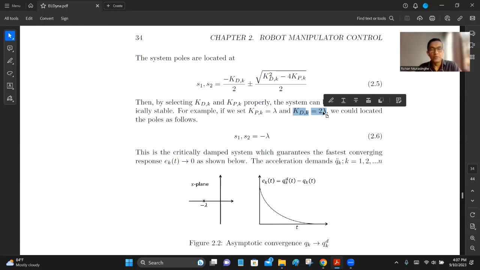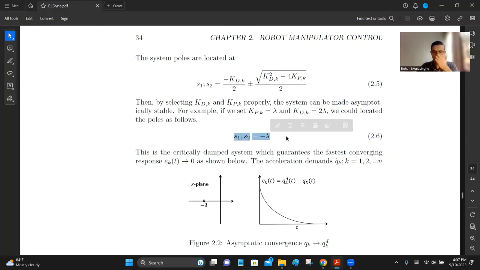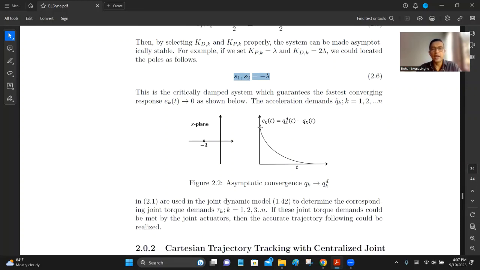You use your K_D twice as big as your K_P. That's it. The moment you do that, you have a critically damped system. So you know what a critically damped system is: fastest convergence. So your error goes to 0 very, very quickly, like that, if you select your gains like that. What is the condition? If you have, say, 5 for the proportional gain, put 10 for the derivative gain.